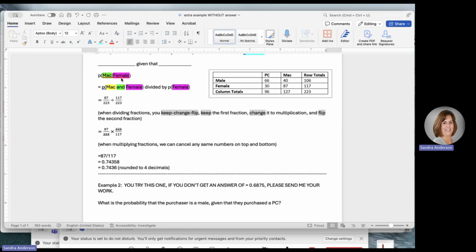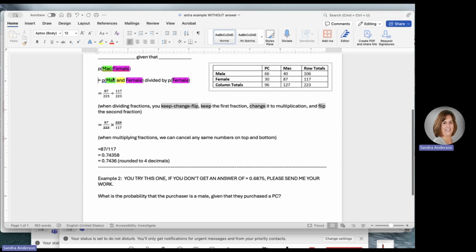So once you do that, what I want you to make sure you do is, I would have liked for this to have been green just because I like to make my things be consistent. It's going to be the probability of the first and the second, divided by the probability of the second thing here. So I've color coded them in pink and green. As soon as you've rewritten it in this format, you'll rewrite it in this next format: probability that it's a Mac and a female, and then you're going to divide it by the probability of the back side there, your given that female.